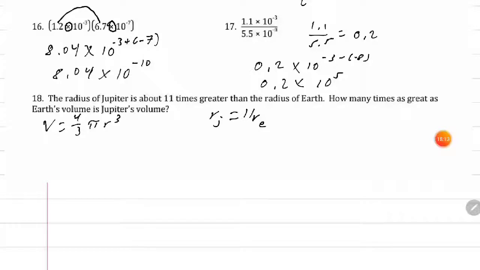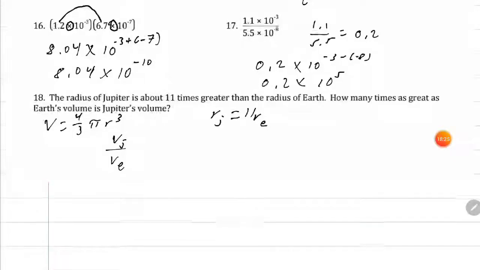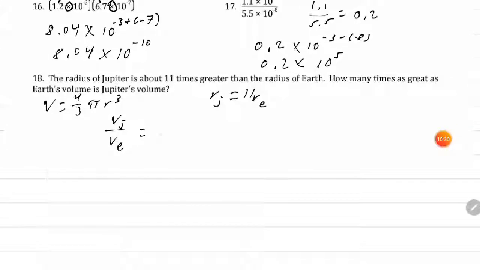Okay, so when we're going to compare Jupiter and Earth, we're going to have V of Jupiter over V of the Earth. So that's going to equal 4/3 pi r cubed. Now we don't need to look up the radius of actual Jupiter or Earth for this one. They're just telling us it's 11 times greater.